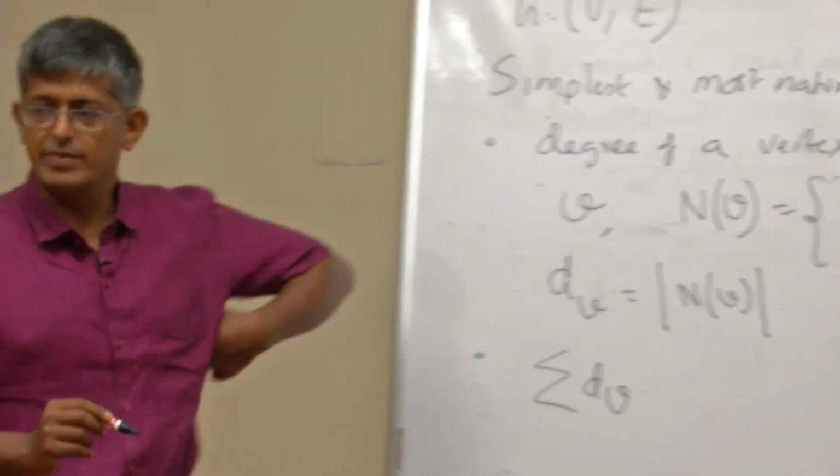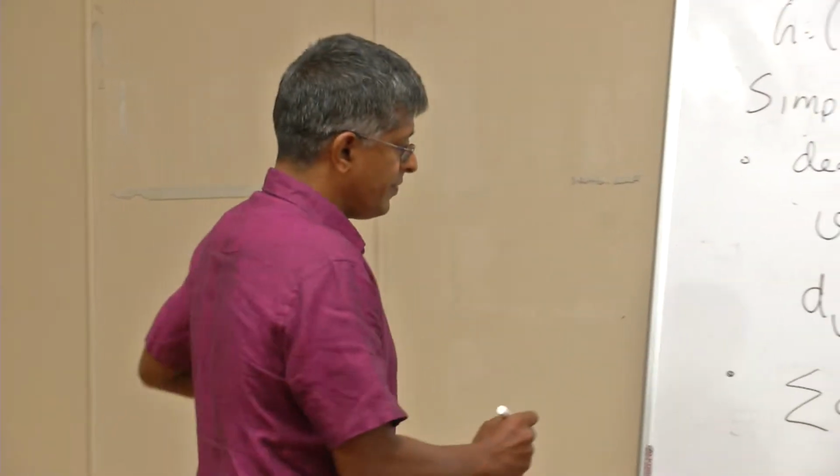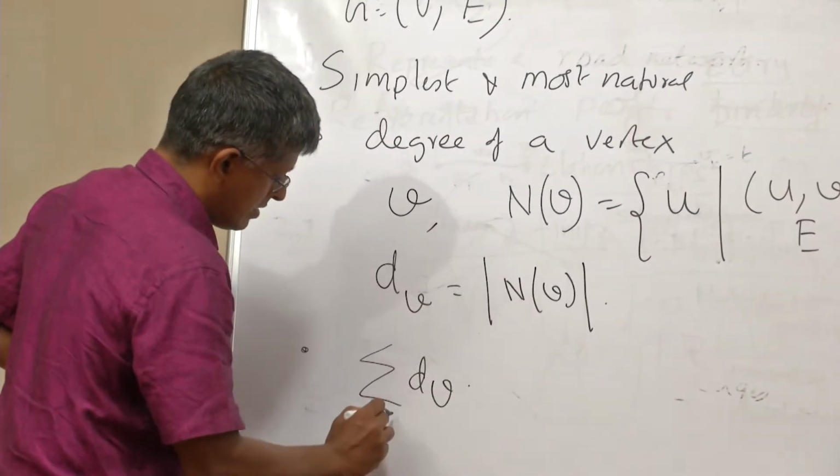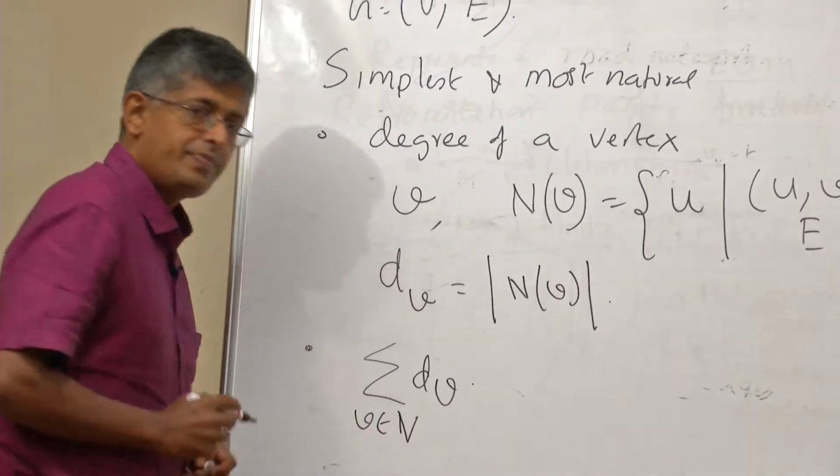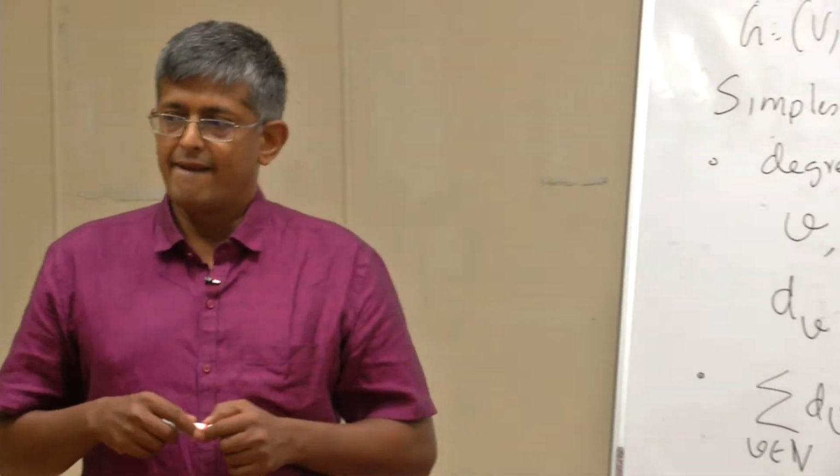What can you say about summation dV, V belonging to V? What kind of a mathematical statement? How many of you know the answer to this question? I have not asked the question, but already some of you have asked the question and probably answered it because you've seen it. But what I want to show you is that you can ask a whole variety of questions.